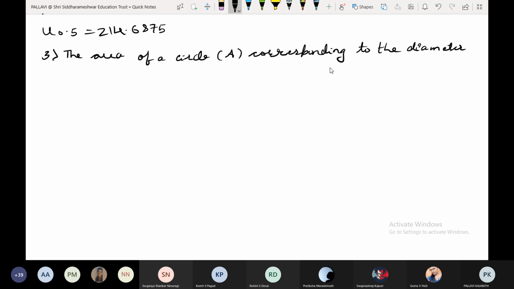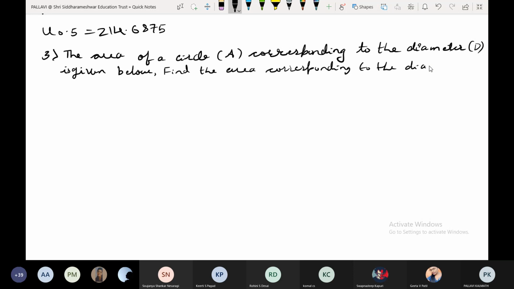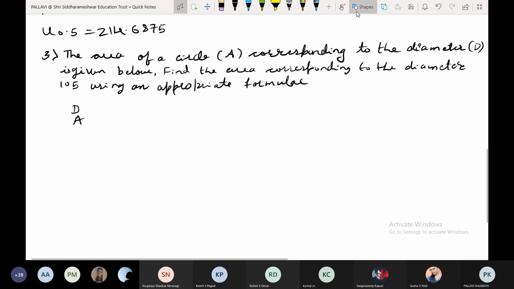So next question. Area of the circle A corresponding to the diameter D. Ma'am, your voice is not coming.